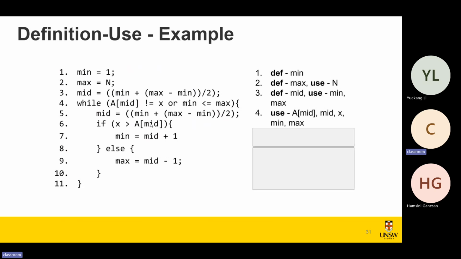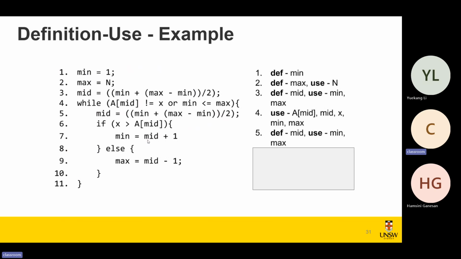What about line 5? Are we defining or using anything? We are defining the value of mid again. So define is not only about declaration, it's also about updating values. We define mid again, and we use min and max in line 5.